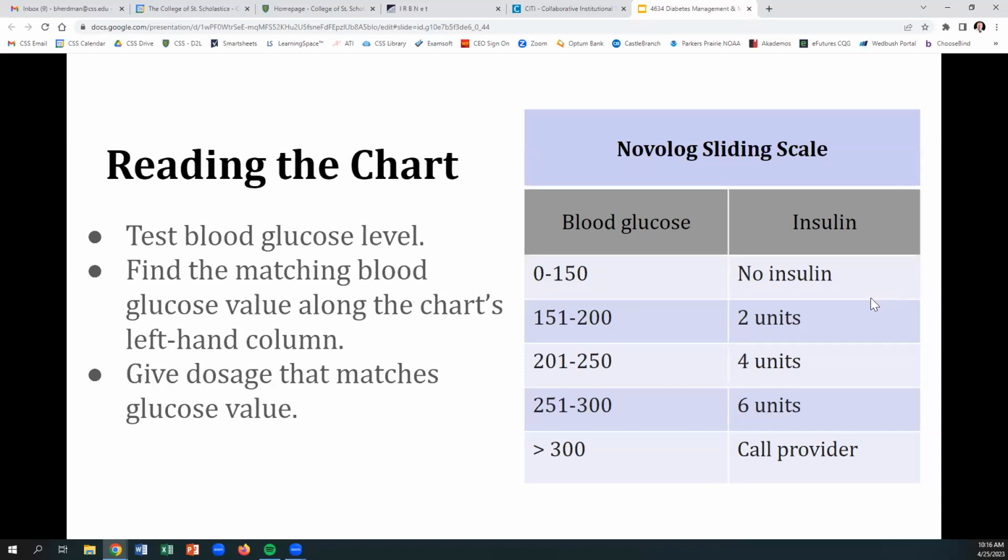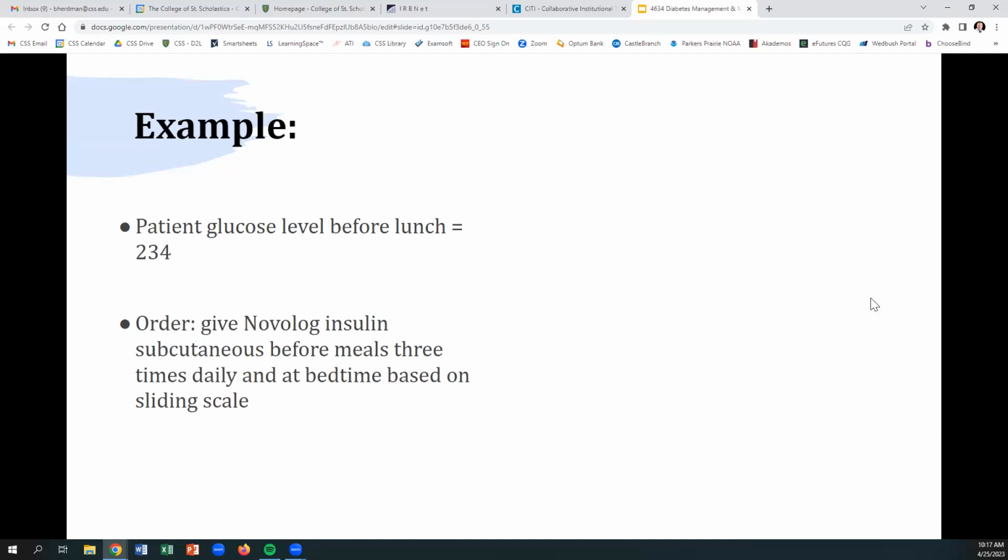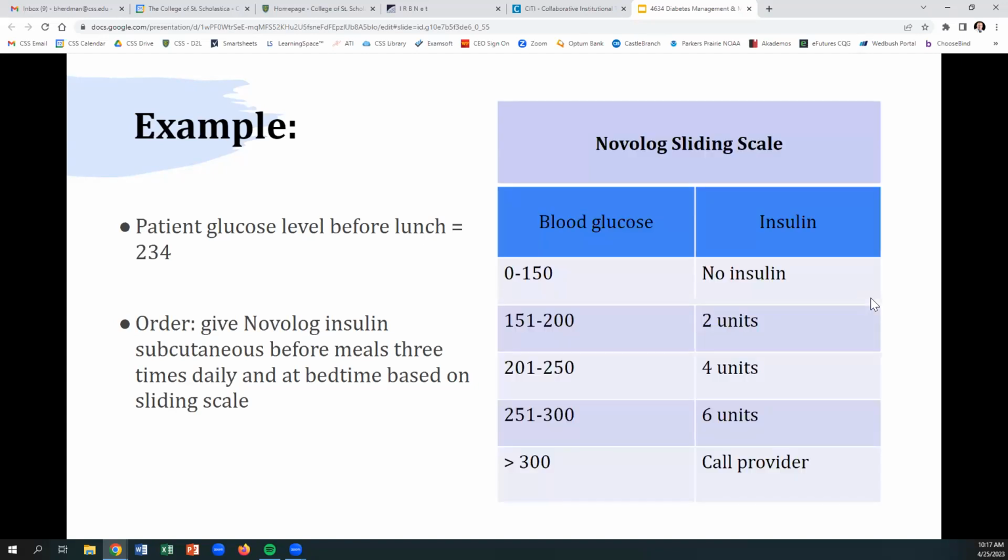Then you match that reading to the value in the left-hand column of the chart, and then give the dose that matches that value. For example, you take a patient's blood glucose before lunch and it is 234. Your order is to give Novolog insulin subcutaneous before meals 3 times daily and at bedtime based on this sliding scale.